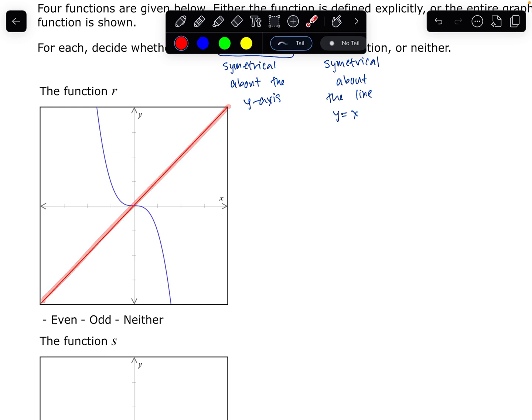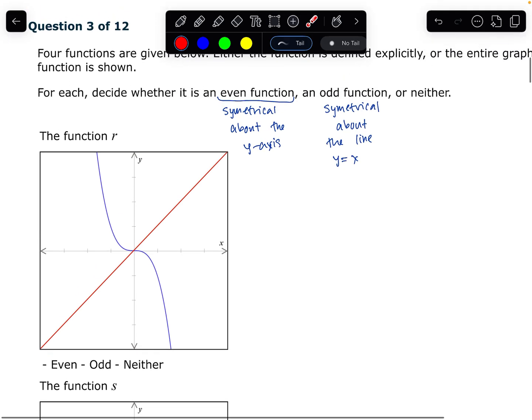If it's symmetrical about that line, so if you can take this graph and mirror it across there, then it should be the same, it should be symmetrical. I think that's what an odd function is. I think that's correct, or I might be thinking of something different.